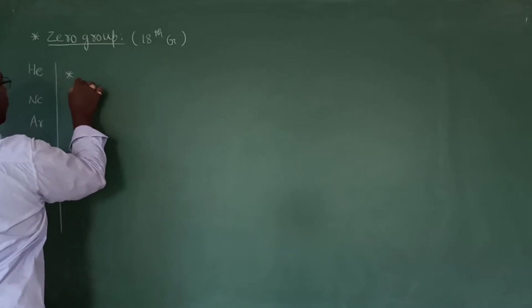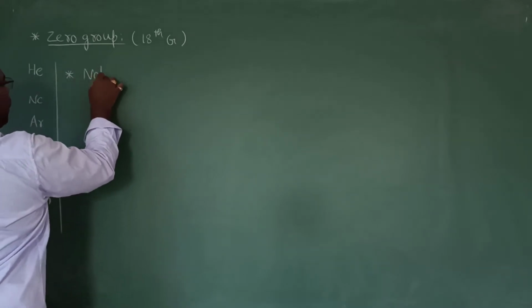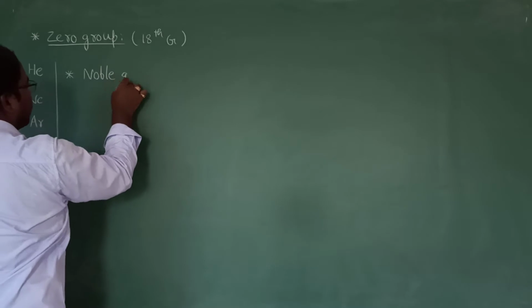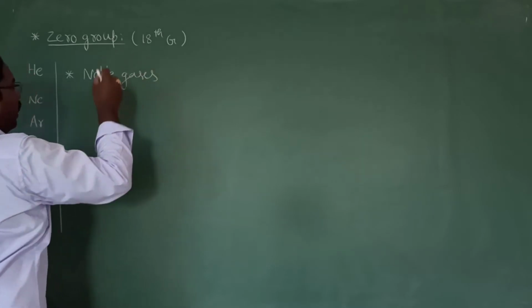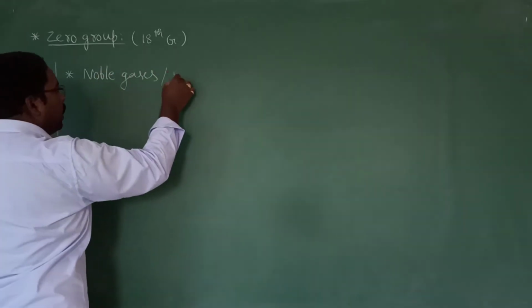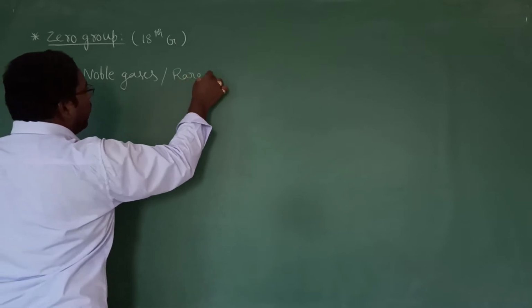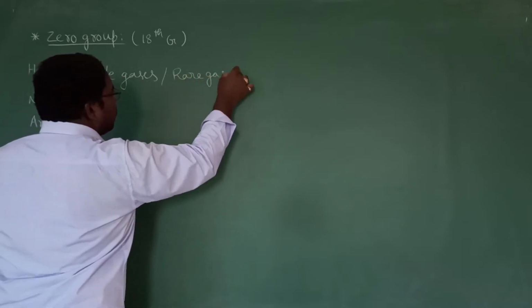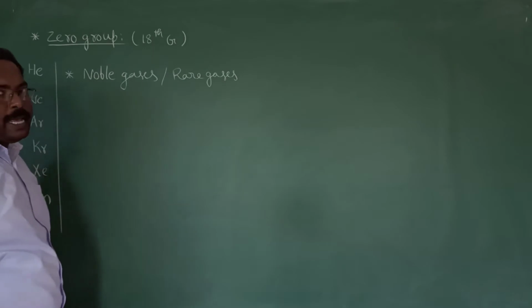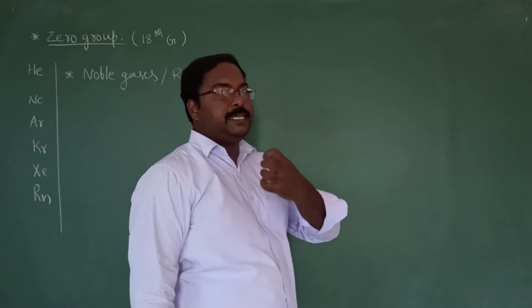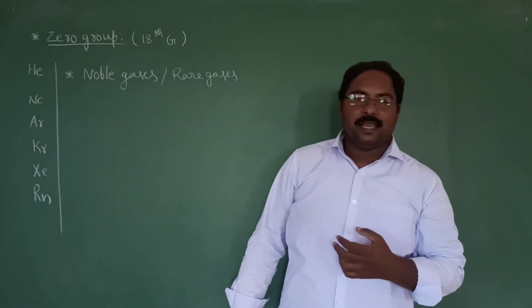Generally, these are commonly called noble gases, or they are also known as rare gases. So why are they called noble gases? Noble means precious. What about the Nobel Prize, right?